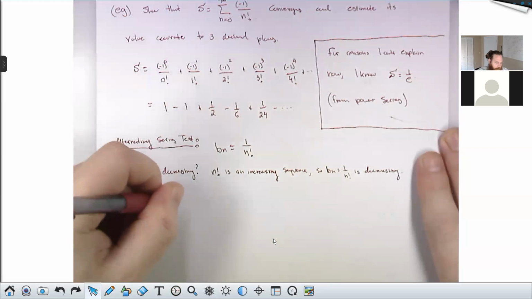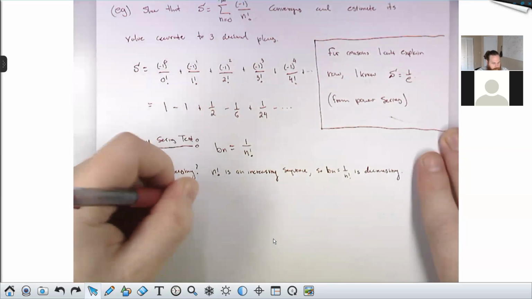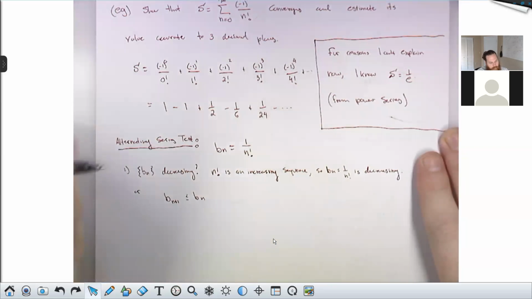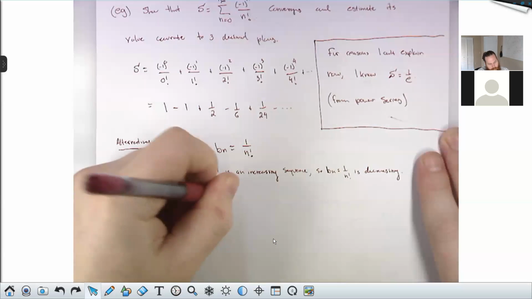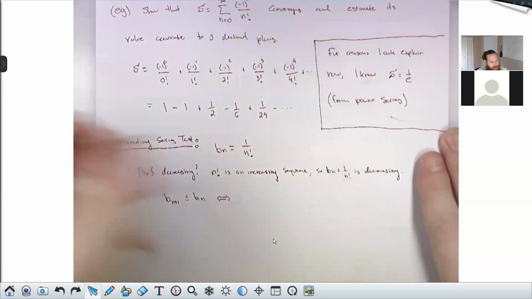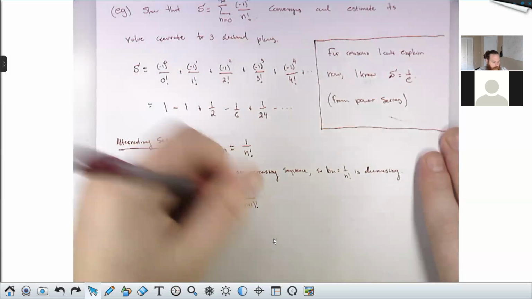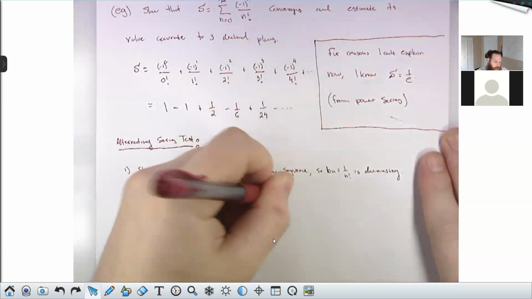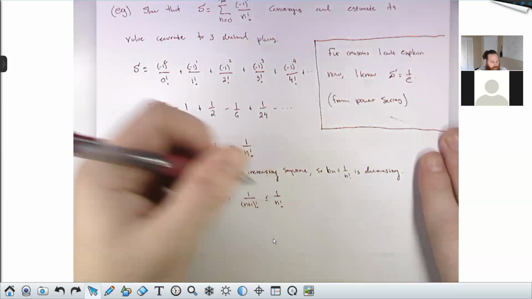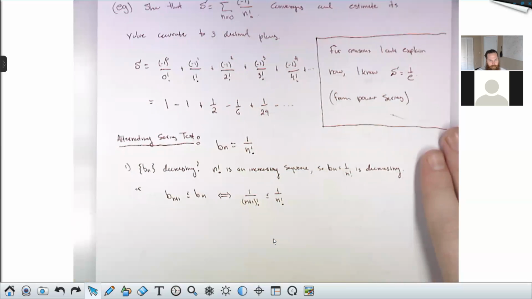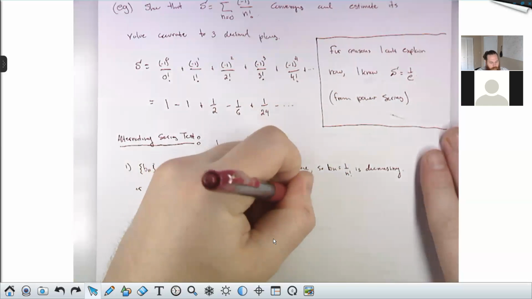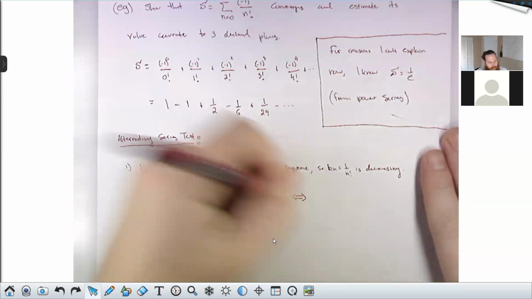Another way to show that b_n's are decreasing is to show that b_(n+1) is always less than or equal to b_n. In this case, that's equivalent to saying 1 over (n plus 1) factorial is less than or equal to 1 over n factorial. And we have to verify that this is true for all n.